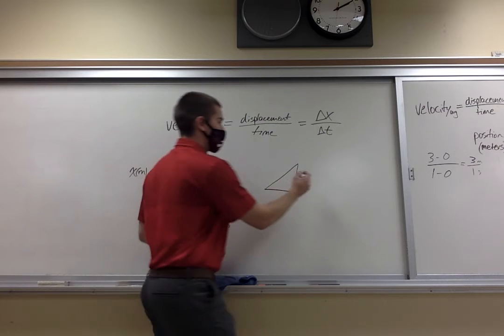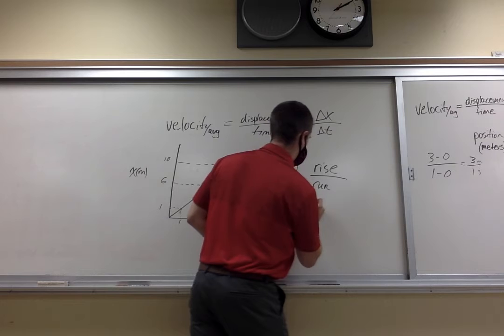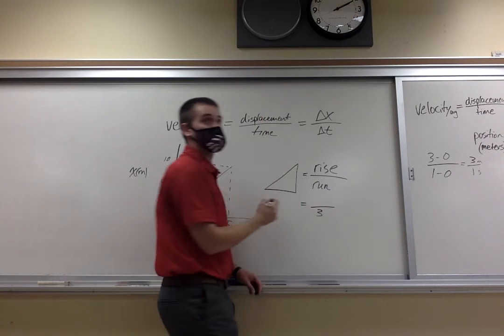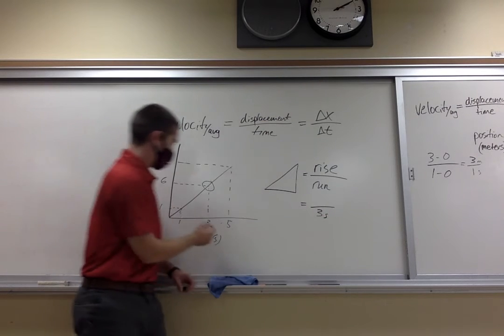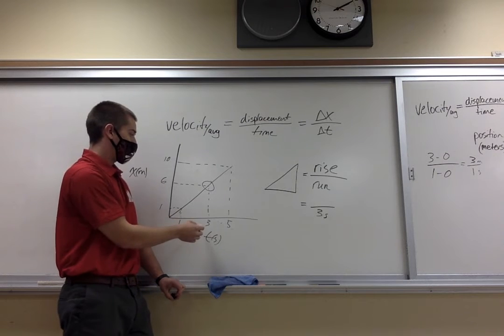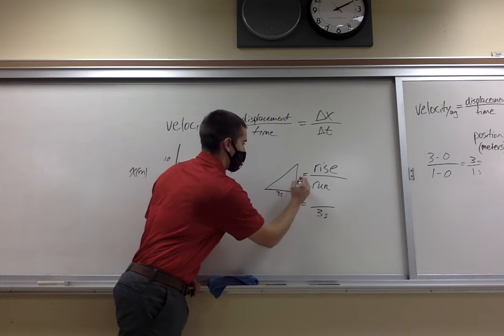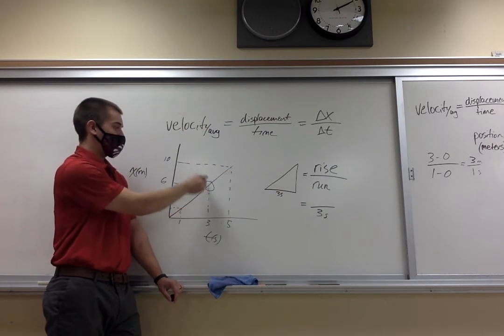3, right? Three what? 3 seconds. 3 seconds minus 0. That length is 3 seconds. What's my rise? This leg of the triangle? 6. 6 what?